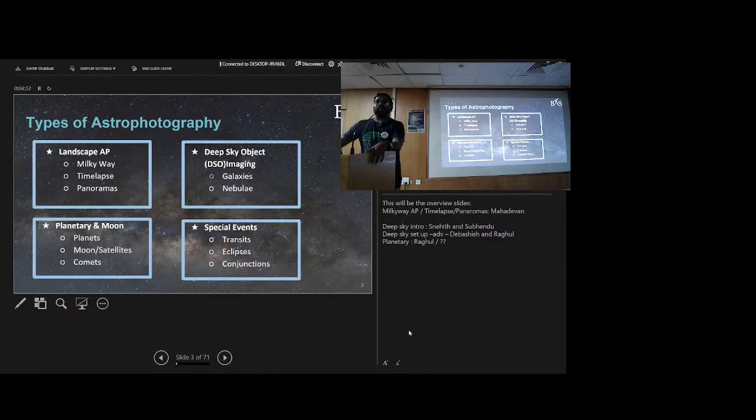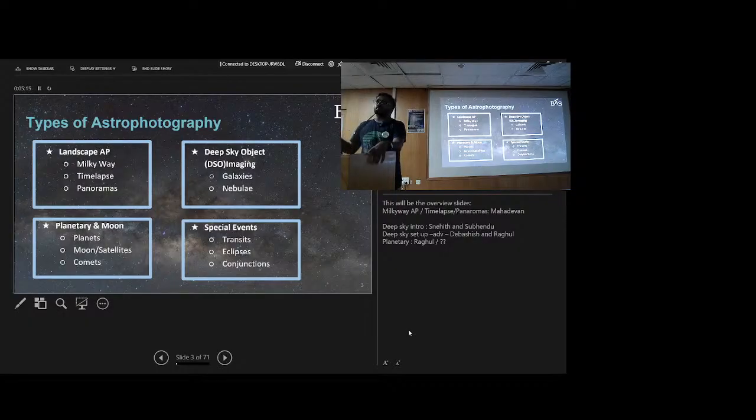Okay, and of course, special events. What do you mean by special events? So eclipses don't happen every day, and conjunctions, meaning two celestial bodies being in the same field of view. So if I look into an eyepiece and I can see two planets together at the same time, those are termed as conjunctions.